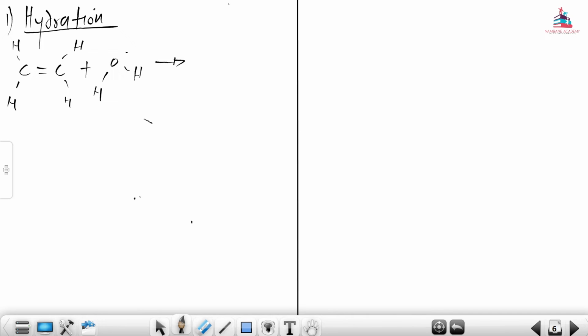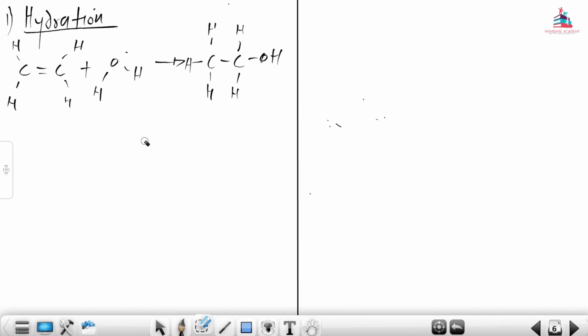Remember, with addition, we are breaking the double bond. So breaking the double bond will mean I must have only single bonds. And what does that mean? It means I am going to have my OH, and then I'm just going to have hydrogens around this particular molecule.